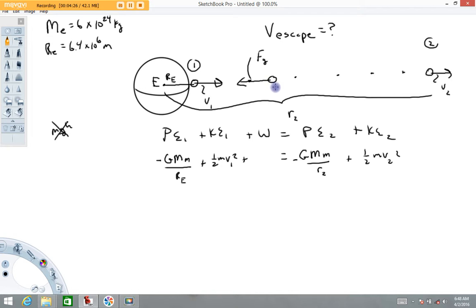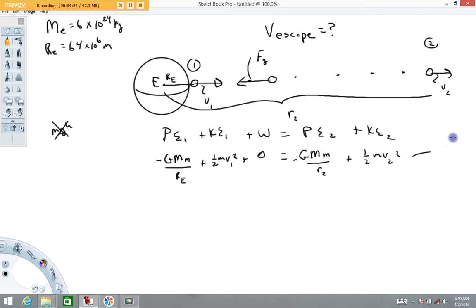Once this thing is off the surface of the Earth, it's not in contact with anything, and there's no other planets in theory in this example that are relevant. Now, this gravitational force is doing work, but that's what we're taking into account with the potential energy terms. That's what they do. The potential energy terms take into account the work done by the gravitational force. So there's only one force we've already taken into account, so we're going to put a 0 there.